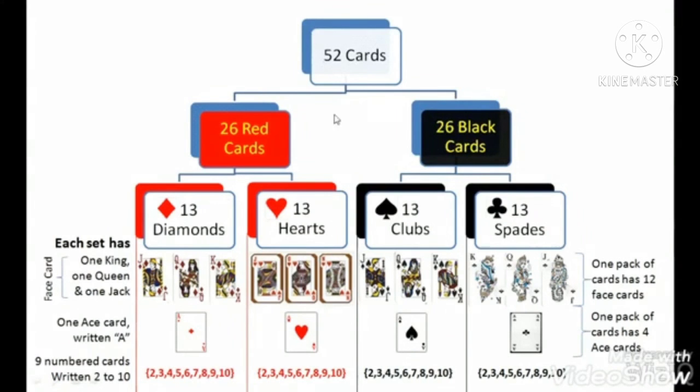How many 10 cards are there? One from diamonds, one from hearts, one from clubs, one from spades. So there are 4 cards with 10 written on them. So the probability of getting one card which is a 10 is 4 by 52.